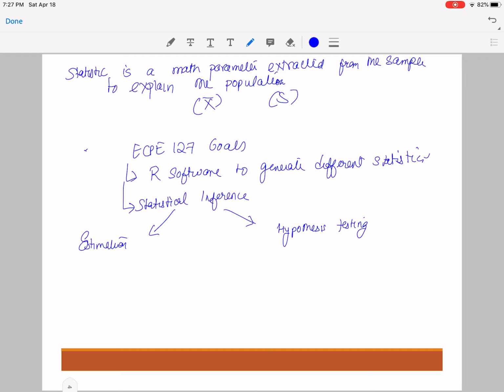So with estimation, we'll be interested in finding a range of values in which we strongly believe that the population's parameter belongs.